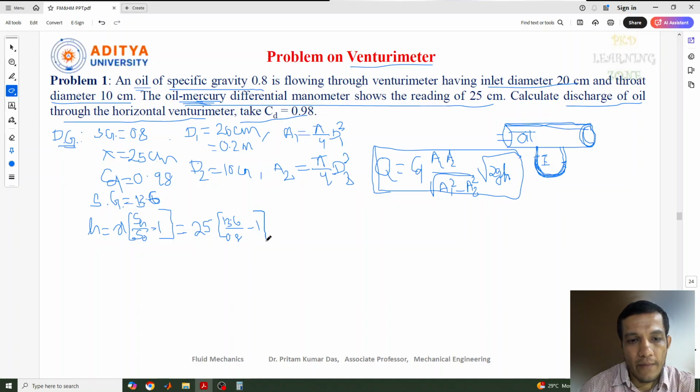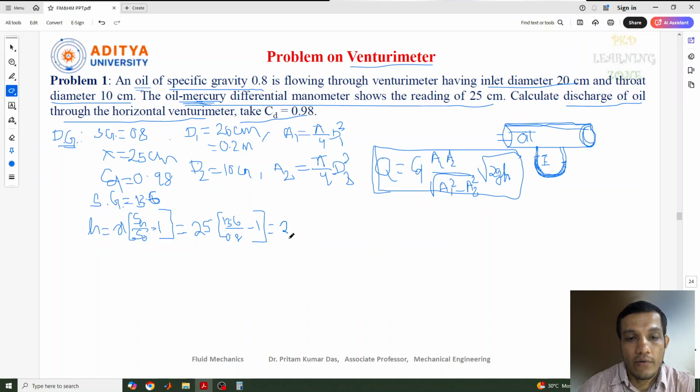Actually, this is the formula considered for this manometer, how to find out this H, the pressure head in the pipe. Now if you solve it, we get 13.6 by 0.8. The decimal point will be cancelled, 136 by 8 means we get 17 minus 1.